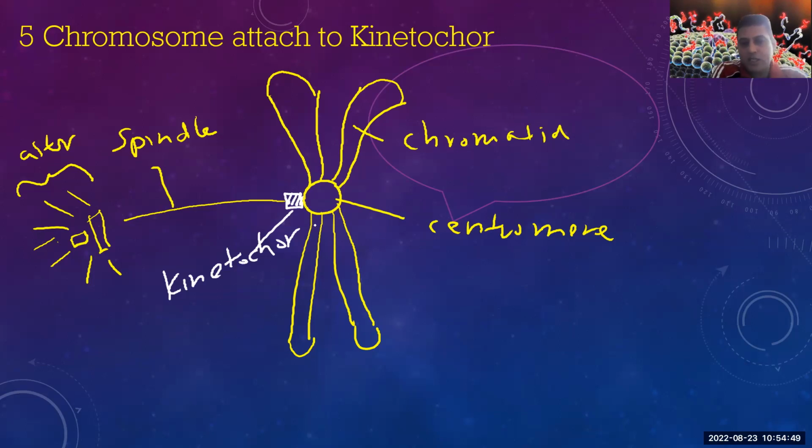Kinetochore, aster, spindle, right? I told you about remembering the process: first, familiarize with the names, then the order, then what is exactly happening. Like prophase, five changes. So chromosome attached to kinetochore is the last one under prometaphase.